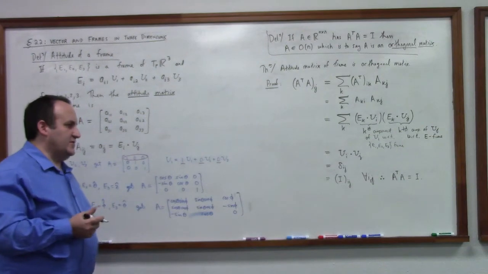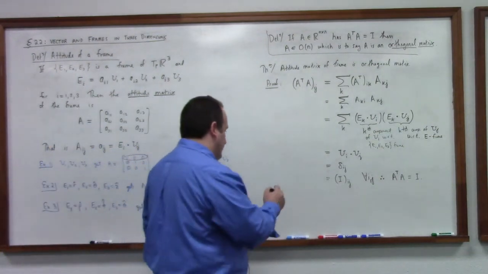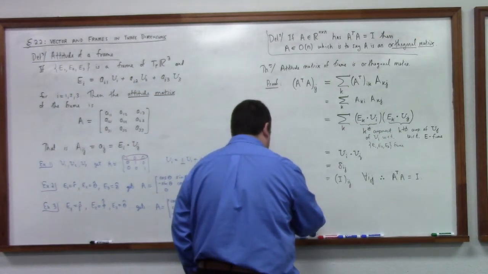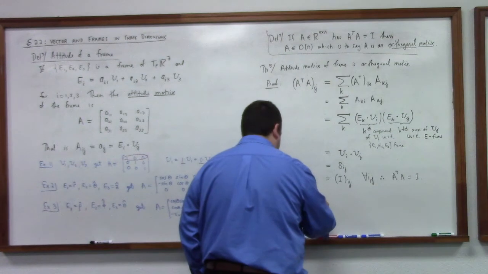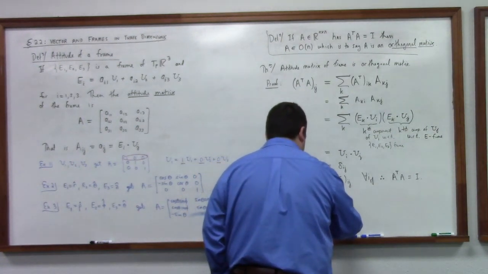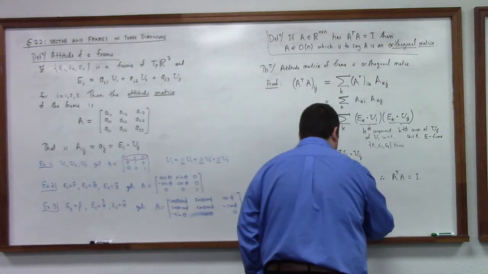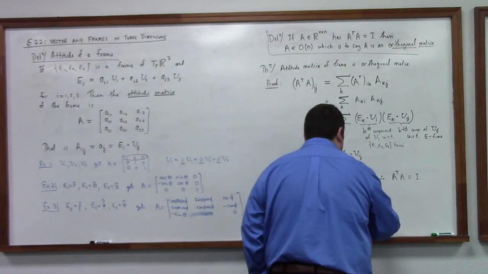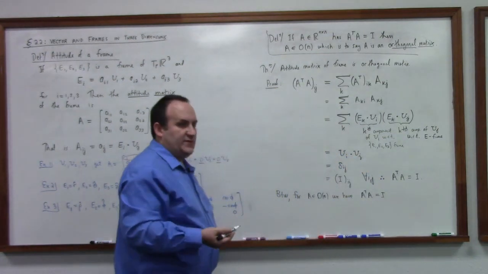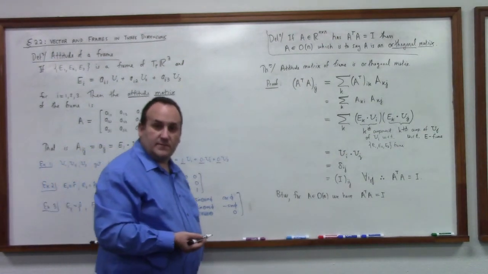Orthogonal matrices are kind of cool. Notice something. What's the inverse of an orthogonal matrix? Just look at this formula. A transpose A equals I, right? So what is A inverse equal to? A transpose, right?